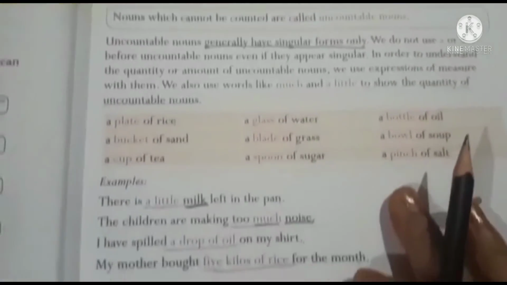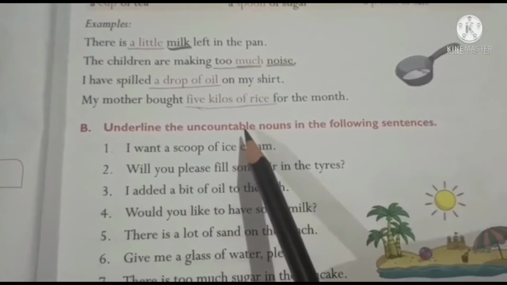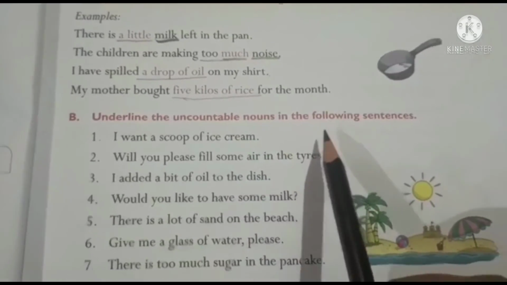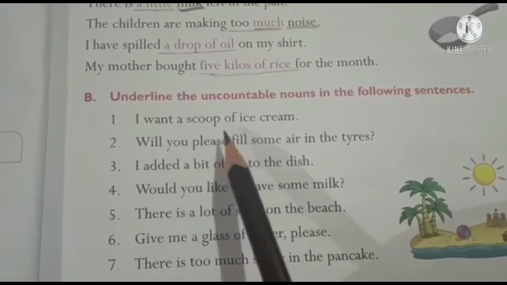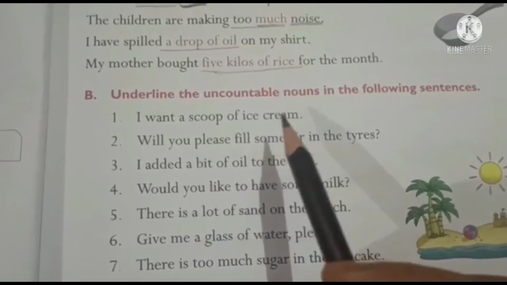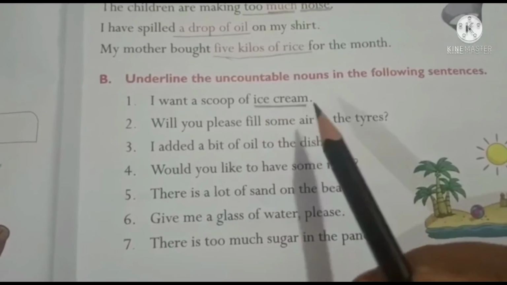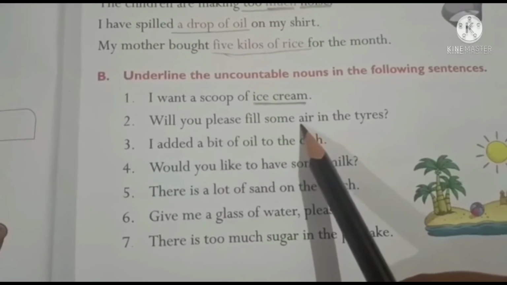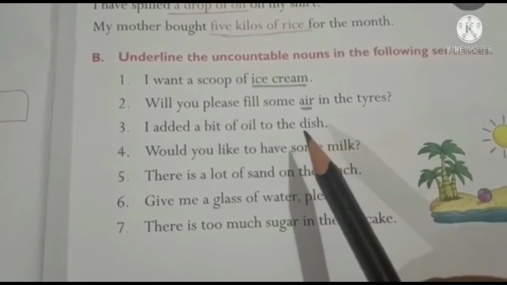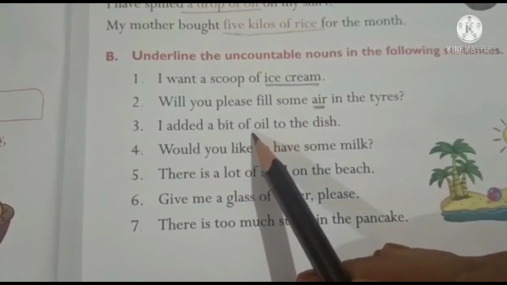And then we have another question here where you have to underline the uncountable nouns in the following sentences. I want a scoop of ice cream. So what is uncountable, children? Ice cream, right? Will you please fill some air in the tires? Air is uncountable. I added a bit of oil to the dish.